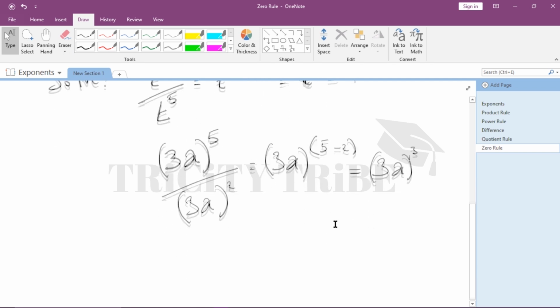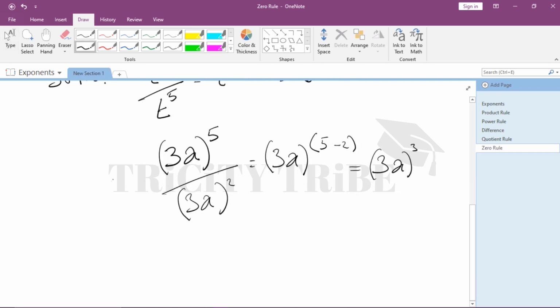But what if you had 3a raised to power 5 over 3a raised to power 5?